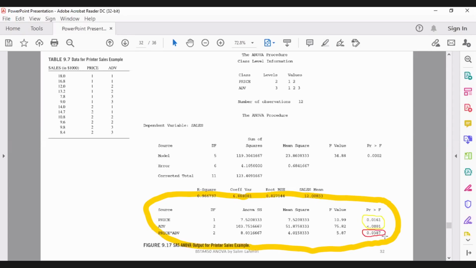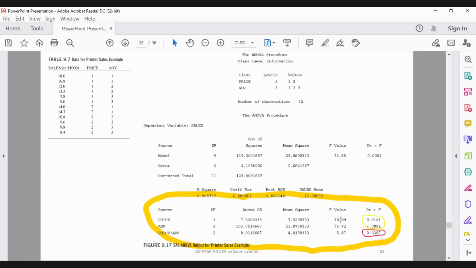For advertising, the p-value is less than 0.0001, which is essentially 0, so it is less than 5%. So the null hypothesis of equality of mean sales across advertising levels, from 1 to 3, is rejected: the levels are different.